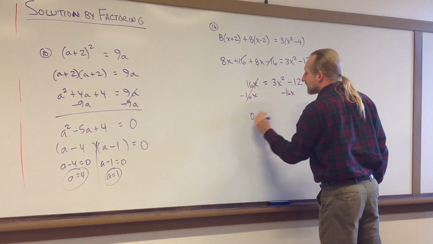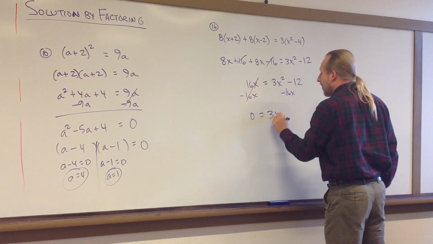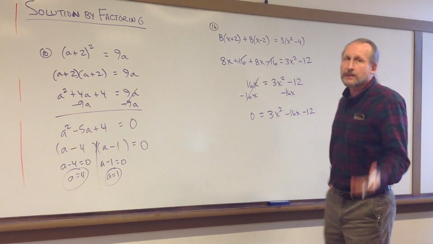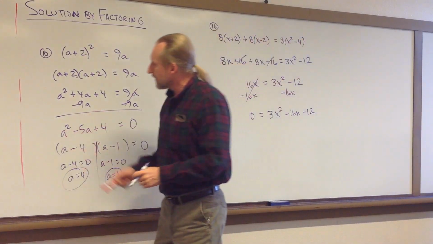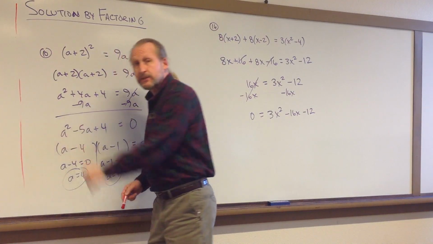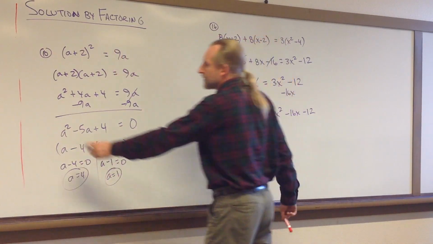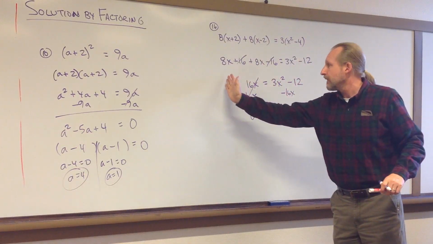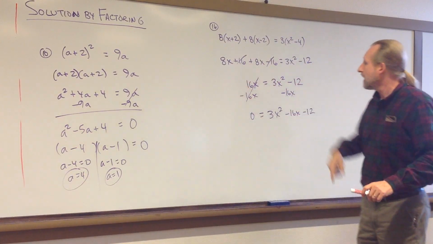So I'll move that 16x over here. And it's a lot easier, at least for me, to factor if this is a positive coefficient. There's nothing wrong with bringing the 3x squared and the minus 12 over to this side.